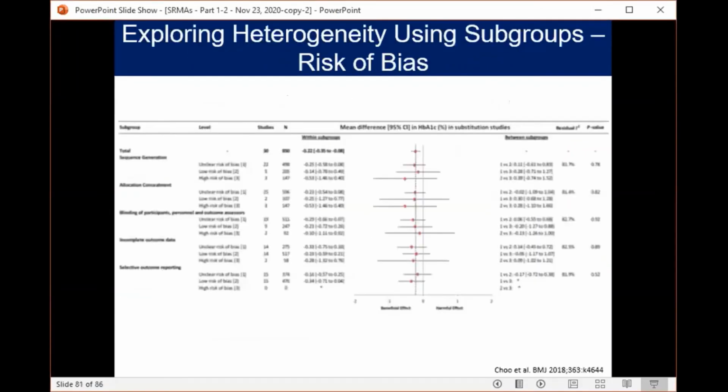Risk of bias assessments can also be used to complete subgroup analyses, where you can compare those studies at high risk of bias versus those at low or uncertain risk of bias to see if the results differ significantly and whether this affects interpretation.